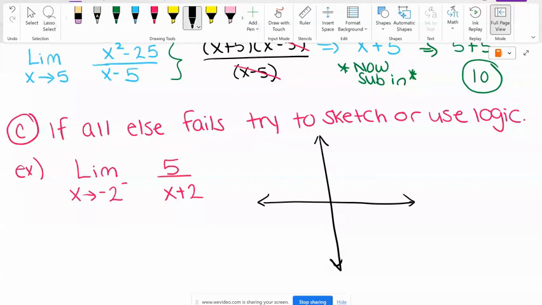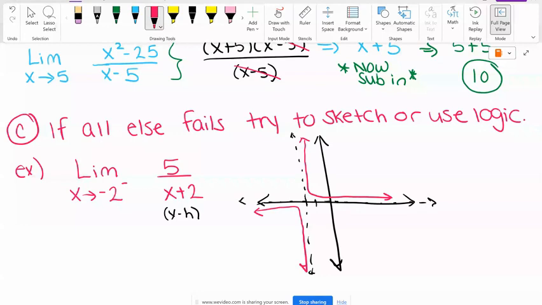Now it's usually x minus h on the bottom, right? So instead of going 2 to the right, we're going 2 to the left. So there's an asymptote right here. And the other asymptote is at 0. And if you remember, doesn't the graph look something like this?